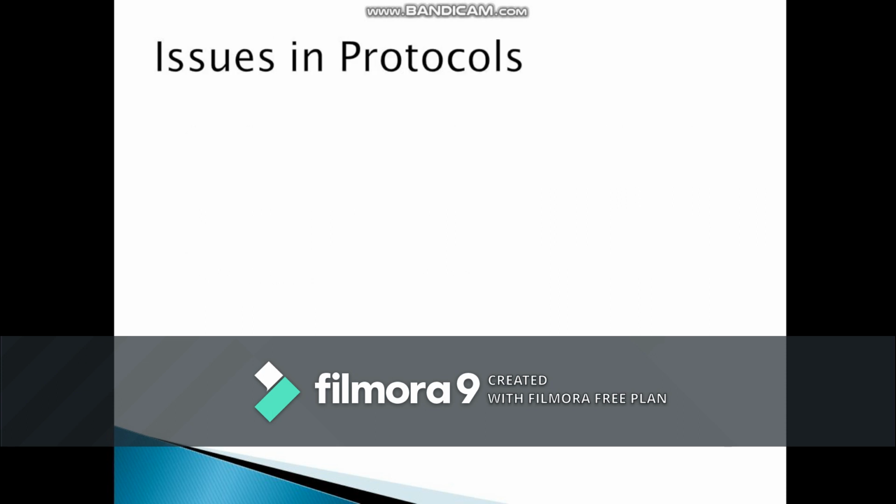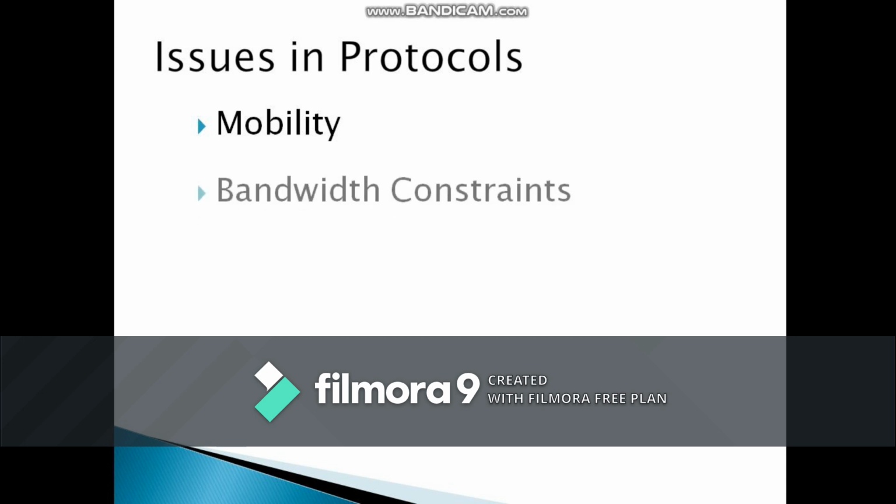Now, there are a few issues in the protocol. The very first issue is mobility. The network topology in an ad hoc network is highly dynamic due to the movement of nodes. So the routing protocol of an ad hoc network must be able to perform efficient and effective routing. Next, bandwidth constraints.